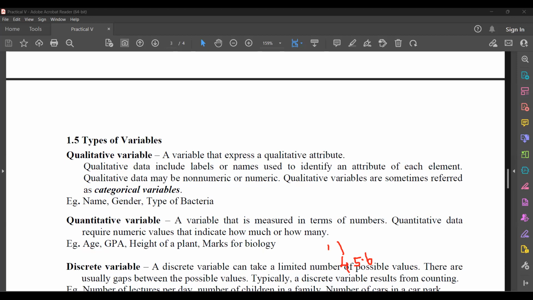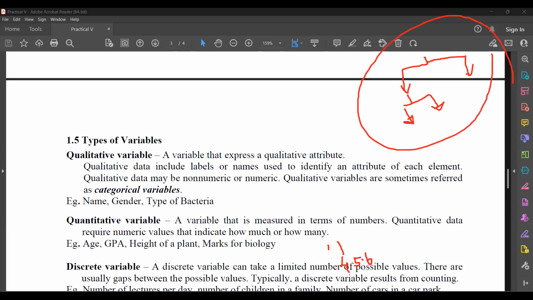As a summary, variables divide into two parts, numericals and categoricals, or sometimes called quantitative variables and qualitative variables. Quantitative variables again divide into two parts, discrete and continuous. Before we do any kind of study or analysis, the very first thing is identifying your variable and the type of the variable.